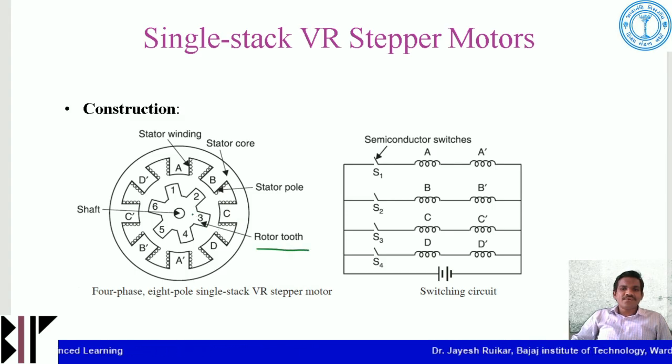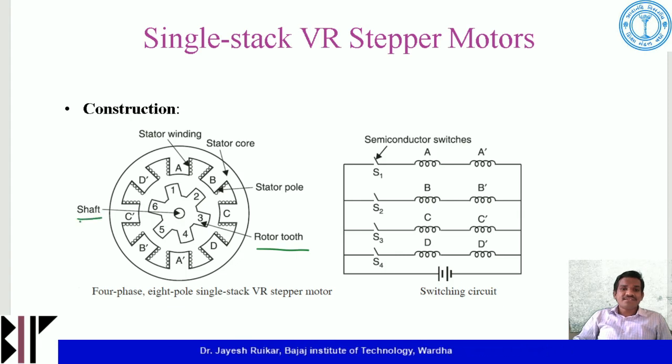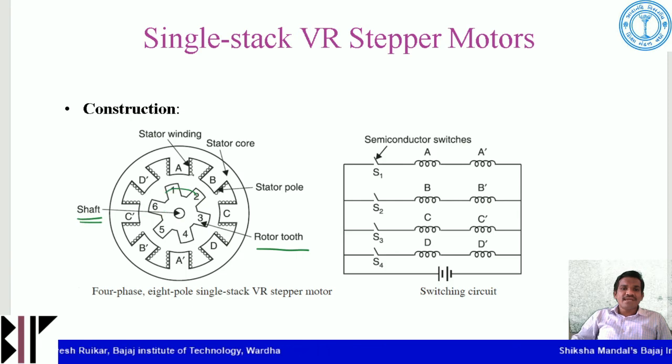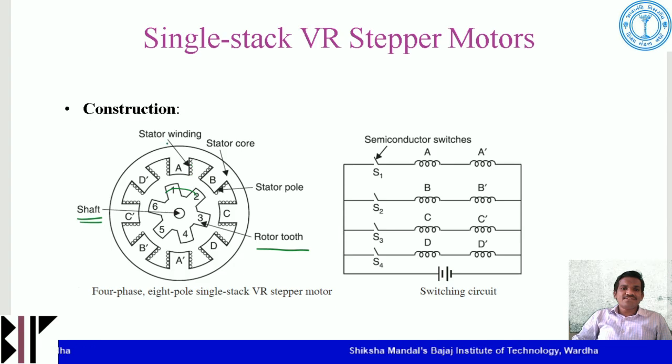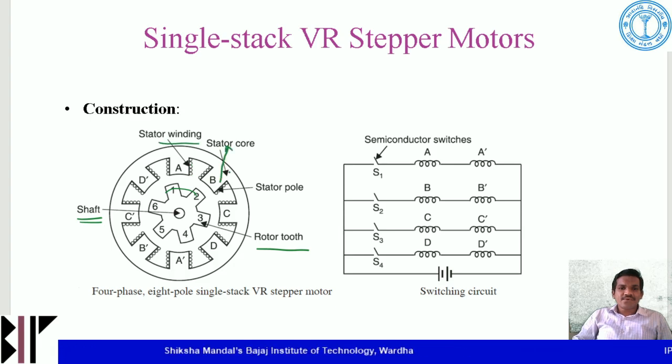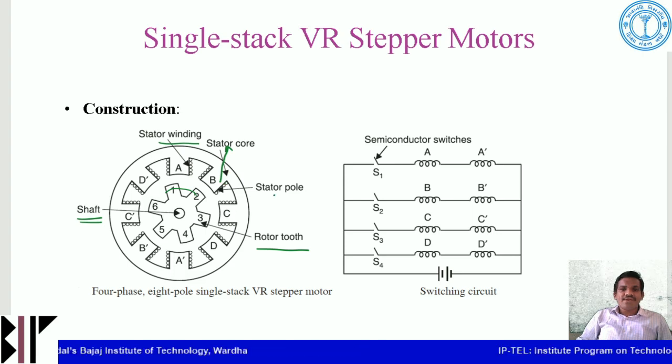This is your rotor, inside the rotor is the shaft, and this total is your rotor. Then this is your stator. The small lines define your stator winding, and this total is called the stator core. All these teeth are also called poles.